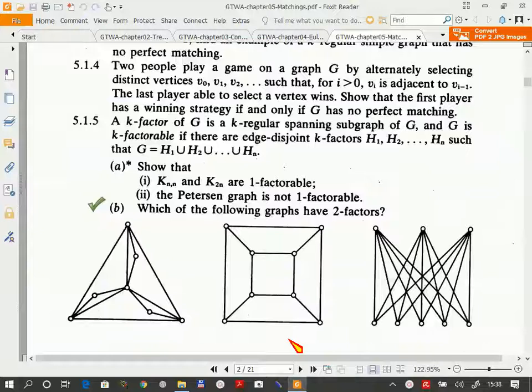What about this? Can you have 2-factors in that bipartite graph? Again, you're faced with a problem with two different faces.